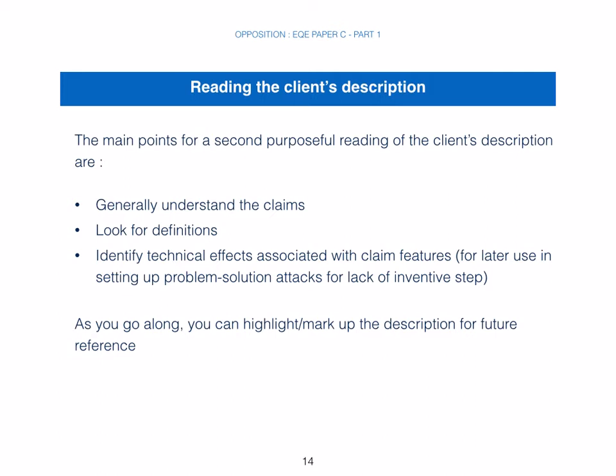And we also want to identify technical effects associated with the claim features for later use when we are setting up a problem and solution attack for lack of inventive step of a particular claim. So we need already to get the ammunition for those future lack of inventive step attacks. As you go along, you can highlight and mark up on the description the things that you note for future reference. You have to be careful that you don't highlight everything.